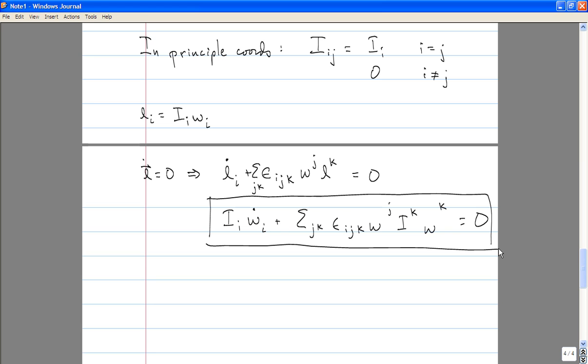The inertia tensor is constant, so when I compute the time derivative of the angular momentum vector and set it equal to 0, I get the sum of two terms, one of which involves the time derivative of the angular velocity, and the other of which comes from the fact that the coordinate axes in a rotating coordinate system themselves depend on time. So I have that same E dot term that's been bugging me for the last 2 weeks. And that leads to this epsilon symbol because I have a cross product, because E dot is omega cross E.